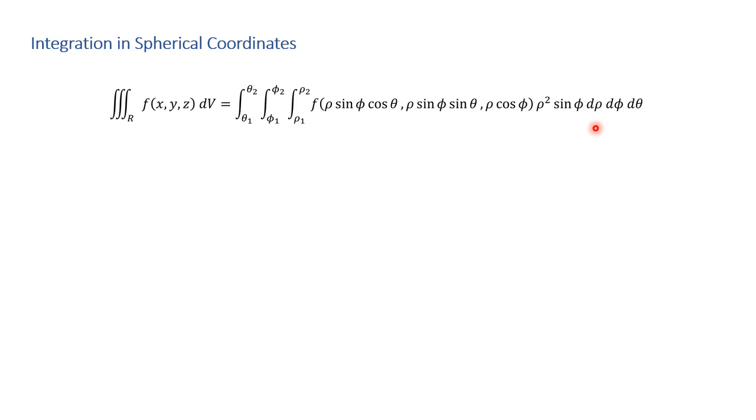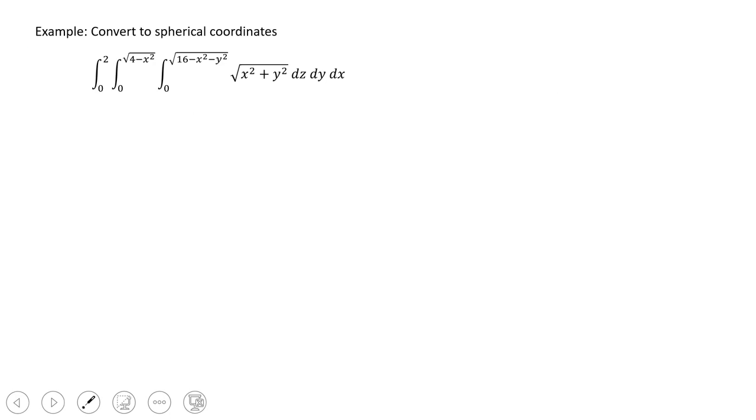The dV, it turns out, is going to turn into rho squared sine phi d rho d phi d theta. So you're always going to have this extra rho squared sine phi term in that dV portion of the integral.